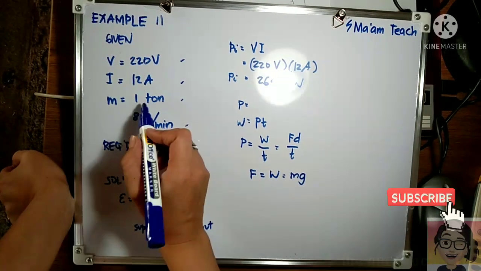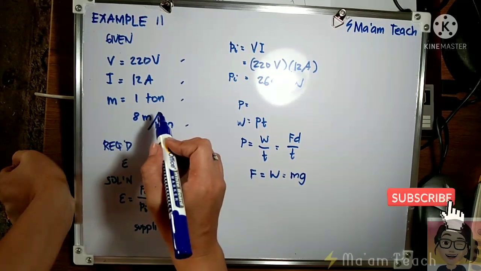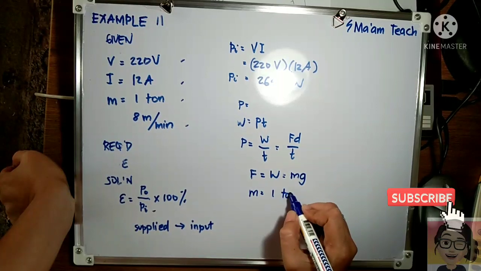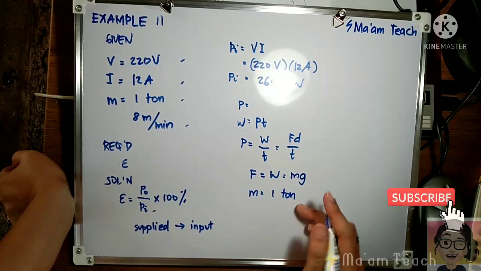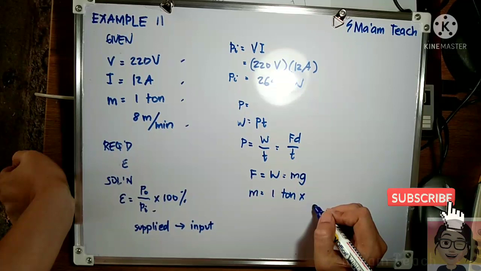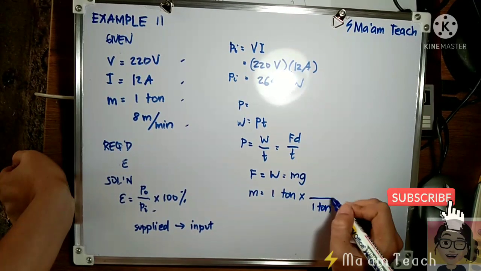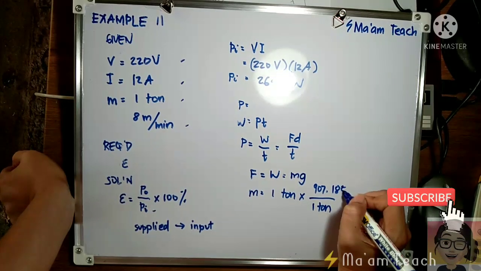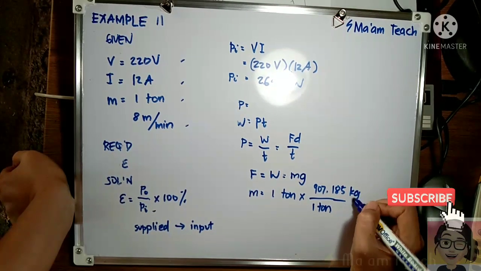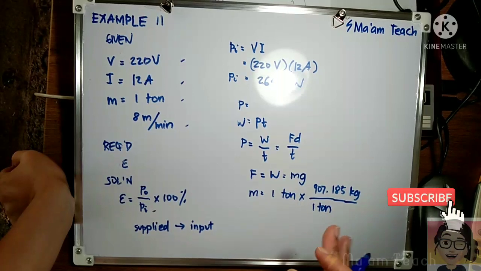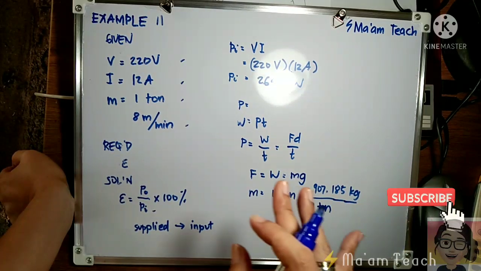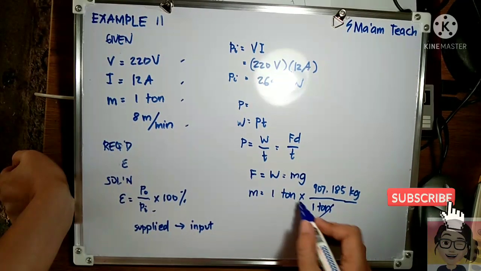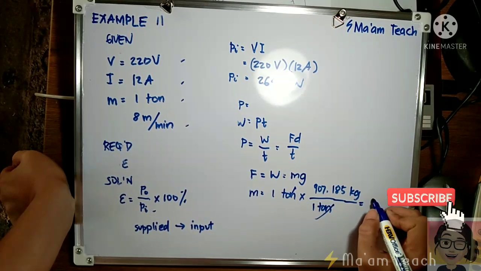Okay, so in our given, we are given here mass, which is 1 ton. 1 ton, class, is equivalent to 907.185 kilograms. Okay, we have to convert the unit into the standard units.